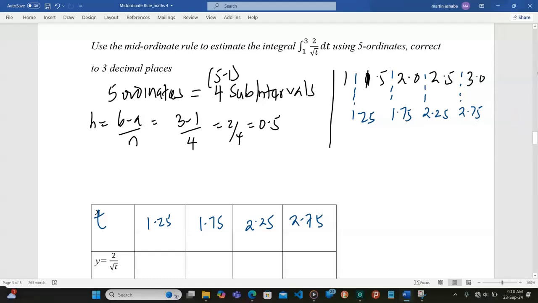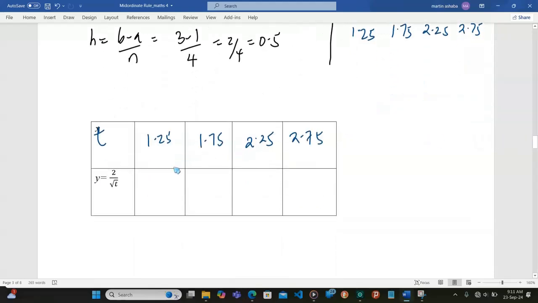So what is the value of f of t at t equal to 1.25? We are looking for f of t, which is equal to 2 over t to the power of a half.